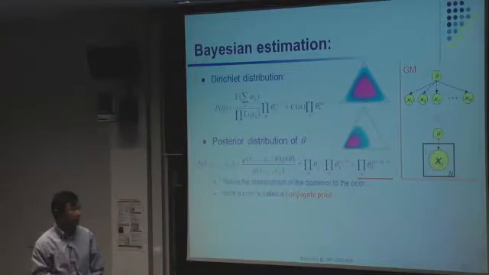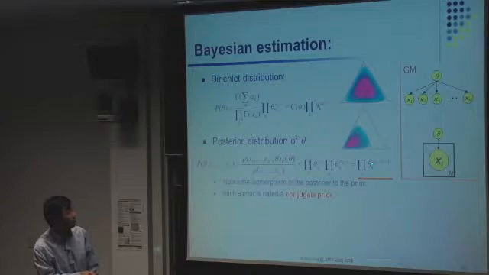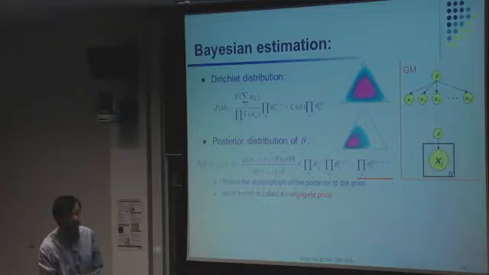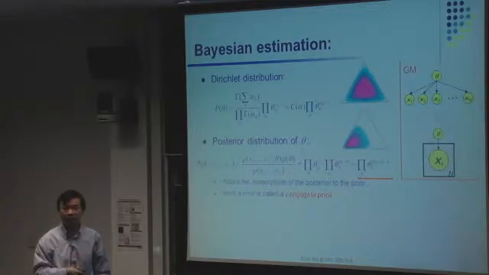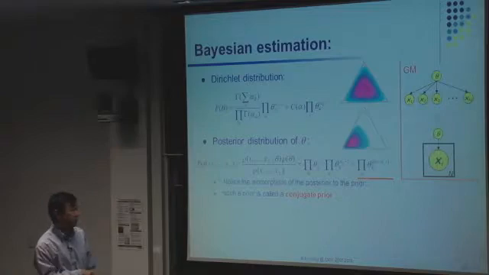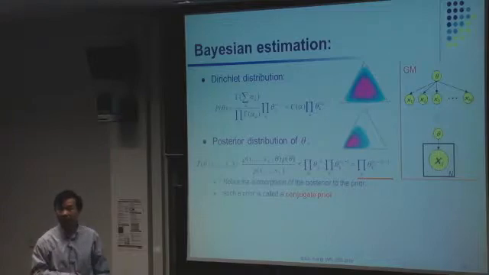Where is the readjustment? You have the alpha k minus 1, which is the original component in that Dirichlet, and you have the n_k, which is the actual observation of the number of times that event k happened in your real data. And therefore, your posterior is now a reflection of the joint influence from the data and from the prior knowledge.